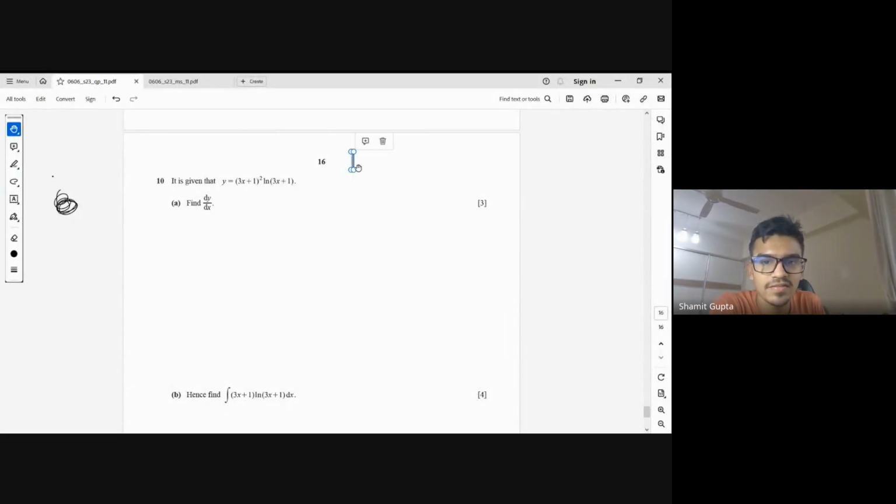Okay, so my way of remembering this is left d right plus right d left. Left d right means the left term multiplied by the derivative of the right term, plus the right term multiplied by the derivative of the left term.